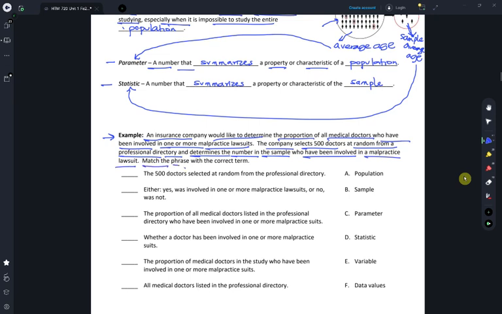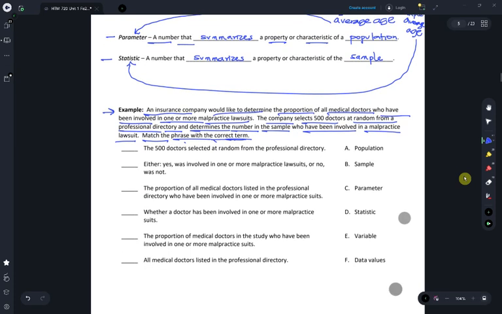We are required to match the different phrases here with the correct term. So, what will be the population of interest here? You might notice, if you pause this video and look through this problem first before we solve it, that all medical doctors listed in the professional directory, that would be the population.